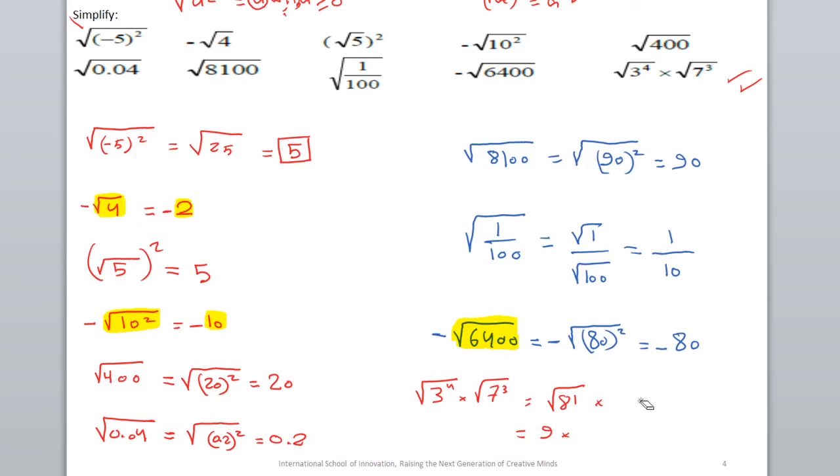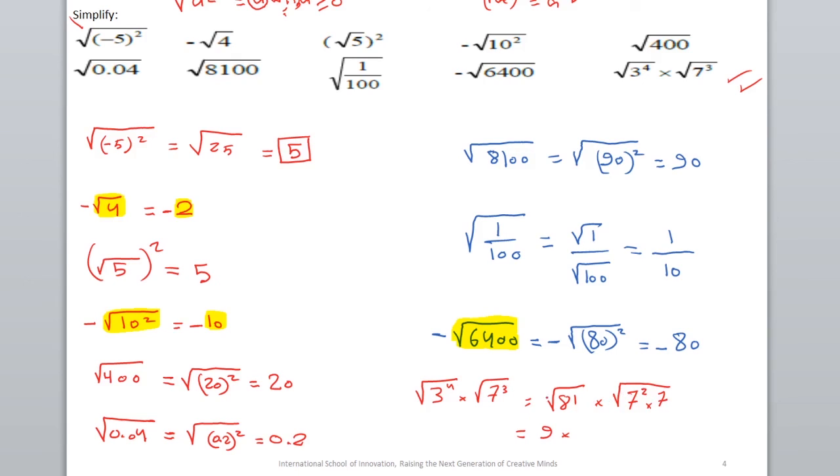I think it's a new idea for you, but later we will go through it a lot. Radical 7 power 3, if you remember the rules of indices you took before. 7 power 3 is 7 squared times 7, as x squared times x becomes x cube.